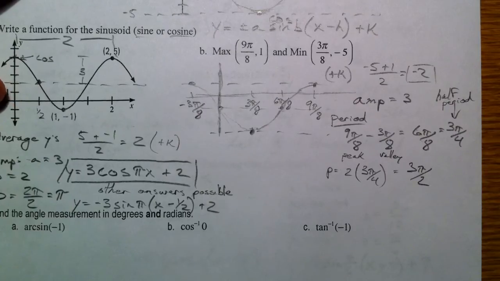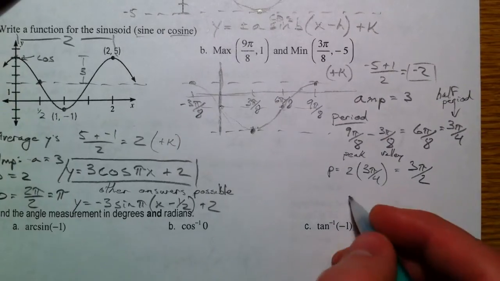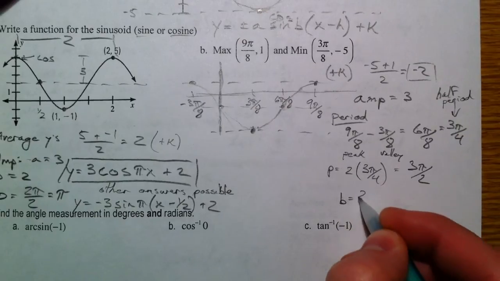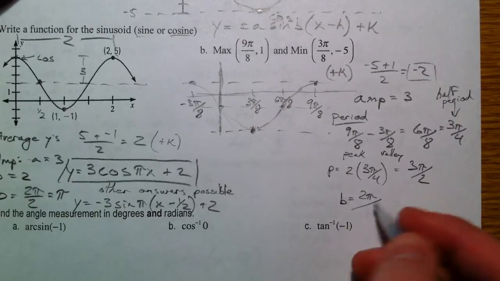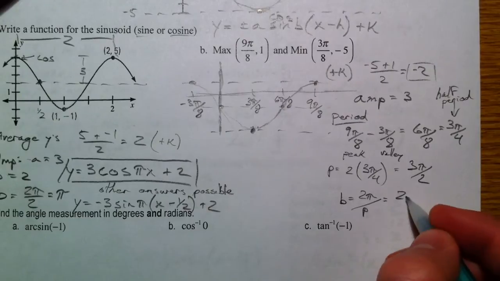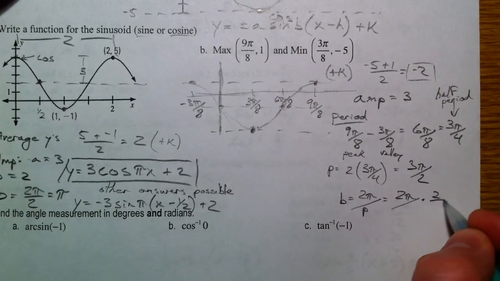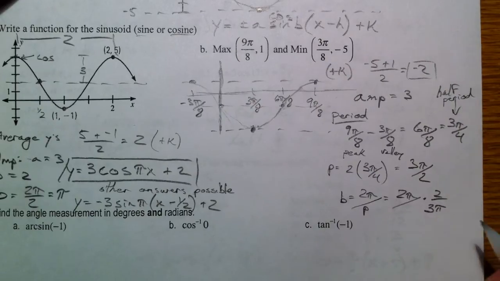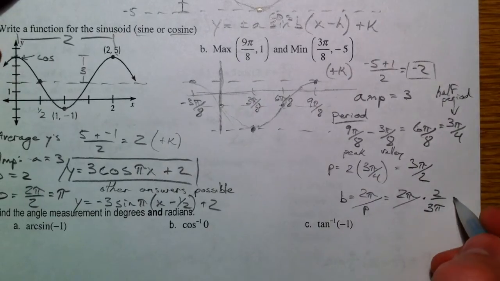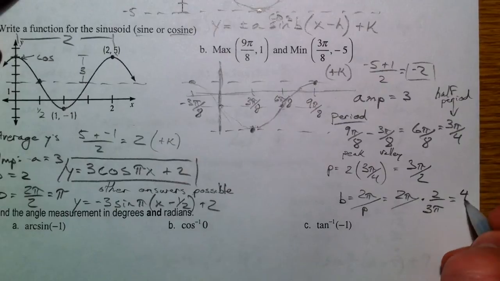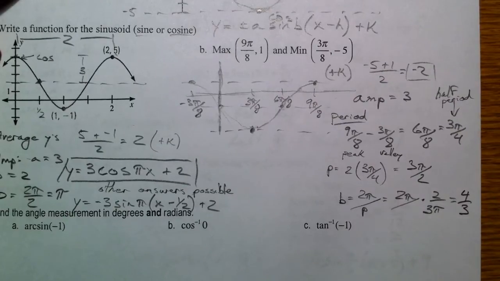So what we're going to want to do is take our b, 2 pi divided by our period. 2 pi divided by 3 pi over 2, which is 2 over 3 pi. Pi's cross out, you get 4/3.